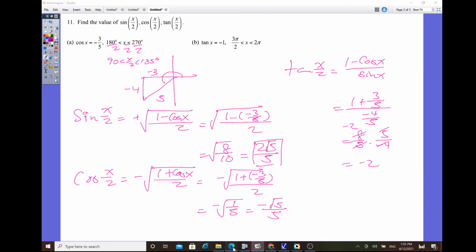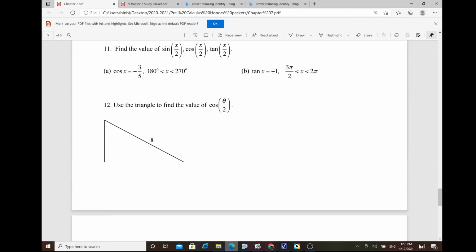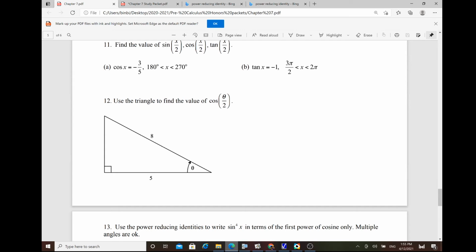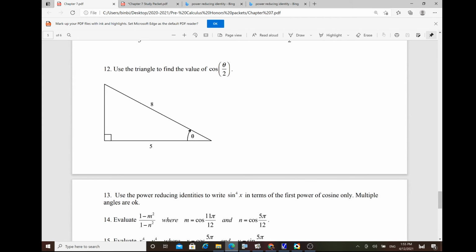And now let's see what else we have on the template. So using the triangle to find the value of cosine of theta over 2. Okay, so that one's relatively easy. So cosine of theta over 2, using the half angle identity. So plus minus, so this one's positive. So square root of 1 plus cosine of theta over 2.